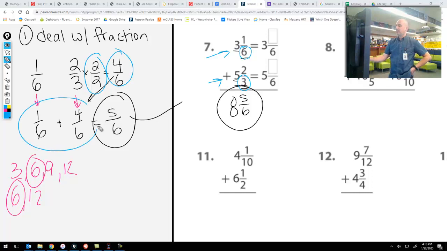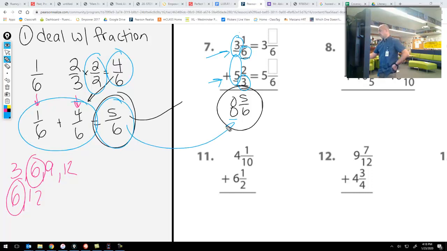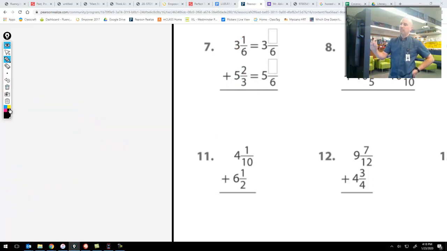I then added 1/6 plus 4/6 to get 5/6. Then I added my whole numbers, 3 plus 5, and got 8. And then I brought in that 5/6 and added it to my 8 for a sum of 8 and 5/6. Cool. So really, the steps that we have on this are, number 1, deal with the fractions.